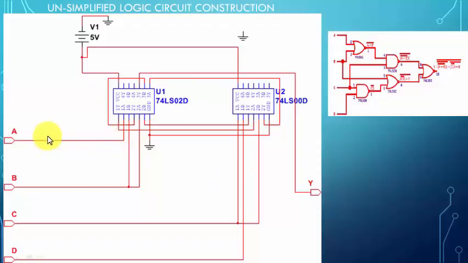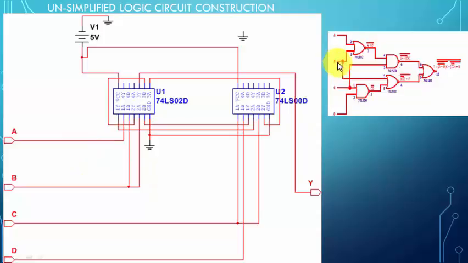Here, for example, A connects to pin 2 of 7402. So A connects to pin 2 of 7402.